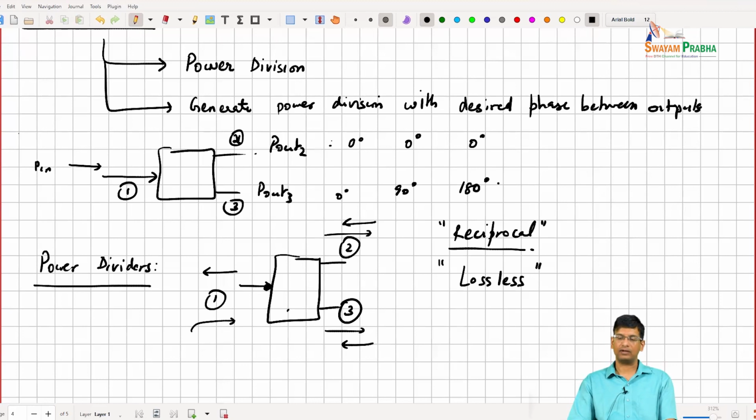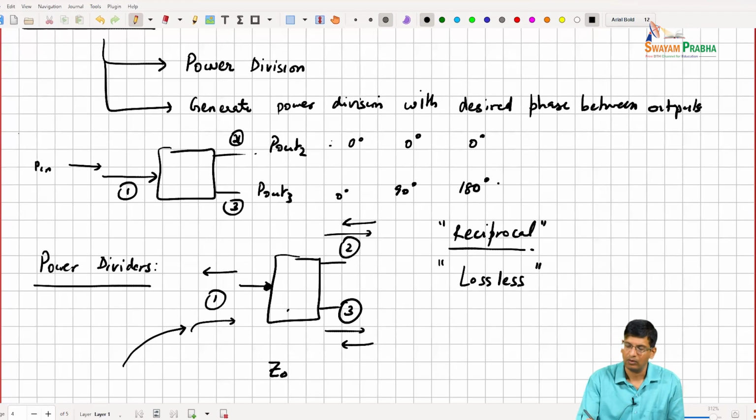And then I might also have a requirement that, let's say I'm working with a characteristic impedance Z0, whatever is driving this is expecting to see a load impedance of Z0, and whatever this is sourcing is expecting to see a source impedance of Z0.